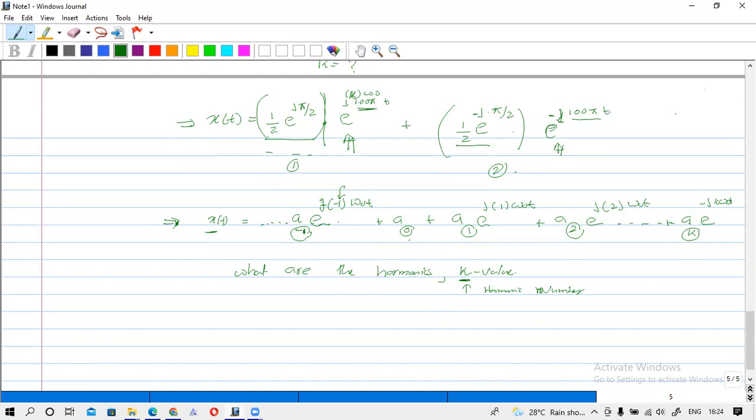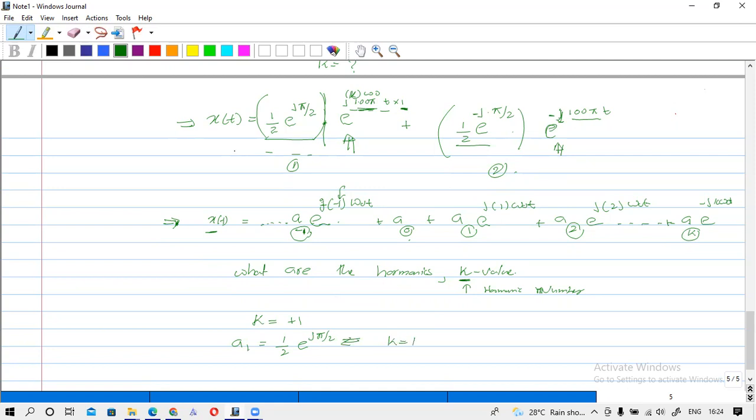There are no other values, no. So k should be equal to 1, because if you multiply this by 1, no change happens. So k should be plus 1. For this term, k is equal to plus 1, so that means the first harmonic. Here we have the first harmonic, and a1 is equal to half e to the power j5 by 2. This is the first term, so k is equal to 1 here.